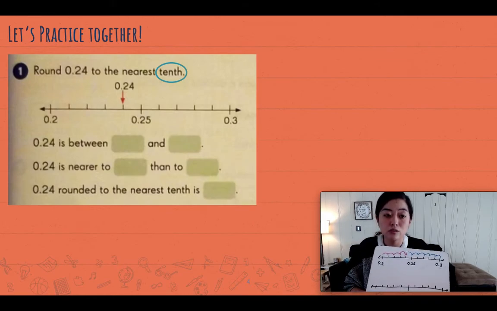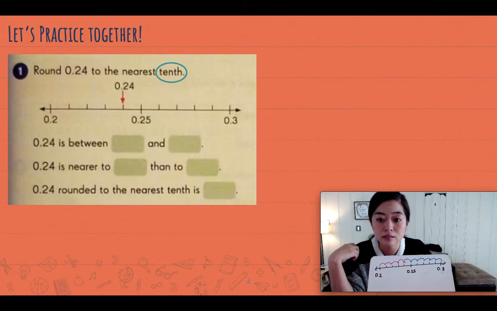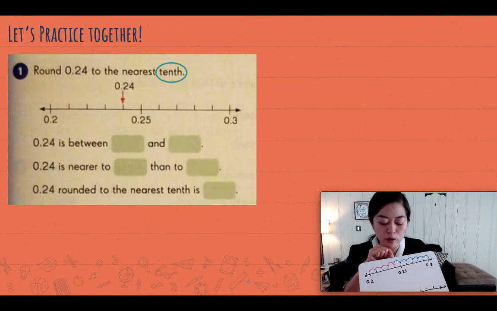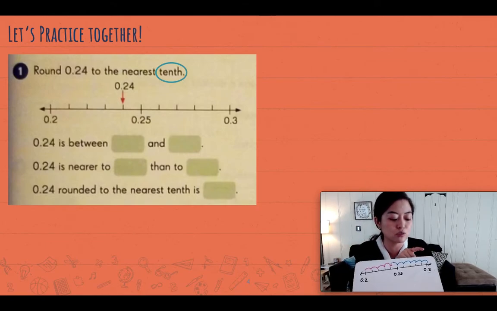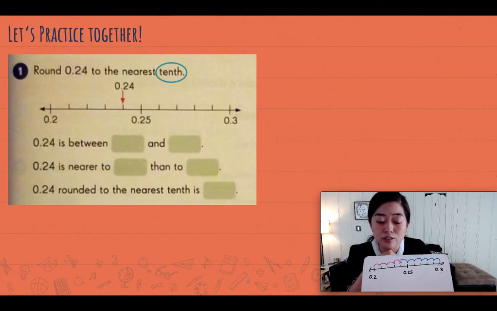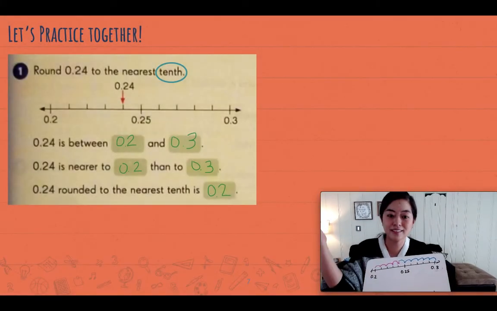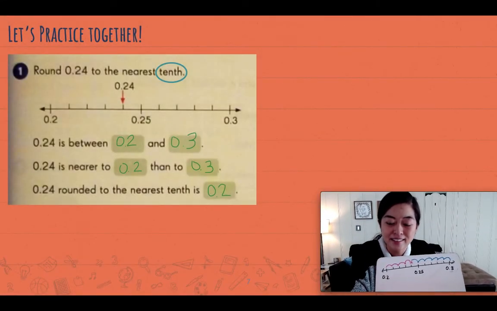So I see that 24 hundredths is between 2 tenths and 3 tenths. 24 hundredths is nearer to 2 tenths than to 3 tenths. 24 hundredths rounded to the nearest tenth is 2 tenths. Like this. Okay? All right.